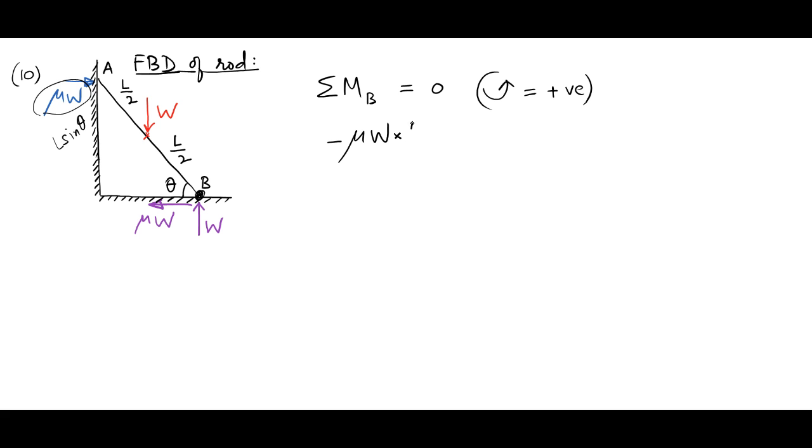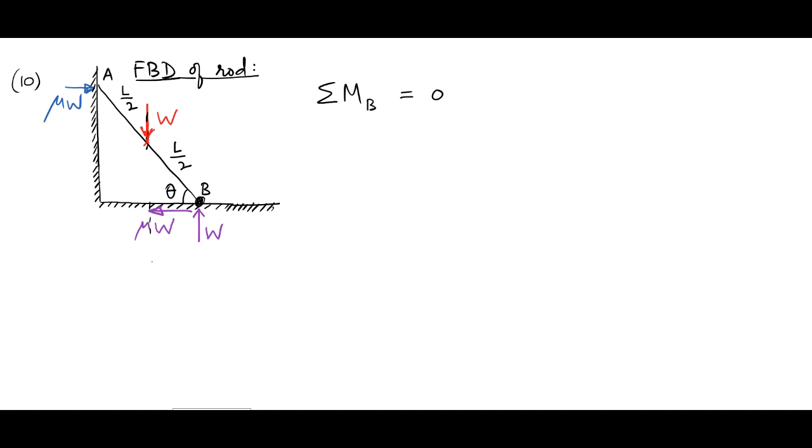So once again, mu W is the magnitude of the force and L sine theta is the perpendicular distance, and this minus sign we have attached because we know that the moment in this case is clockwise, and our convention in this problem is anticlockwise is positive. So that's the moment due to the first force.